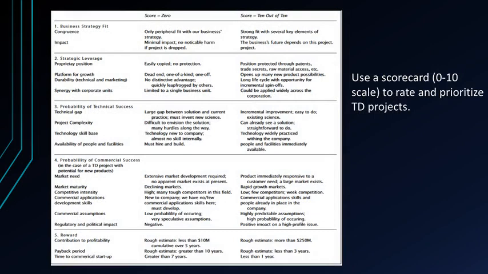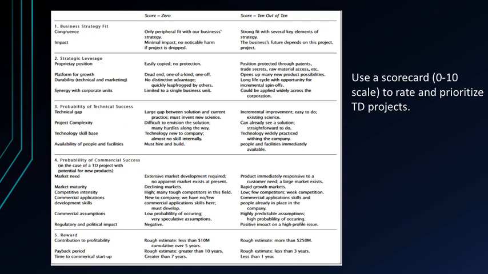So here we have the scorecard with the 0 to 10 scale to rate and prioritise TD projects. Number 1, the business strategy fit, congruence and impact. Score of 0: only peripheral fit with our business strategy, minimal impact, no noticeable harm if the project is dropped.